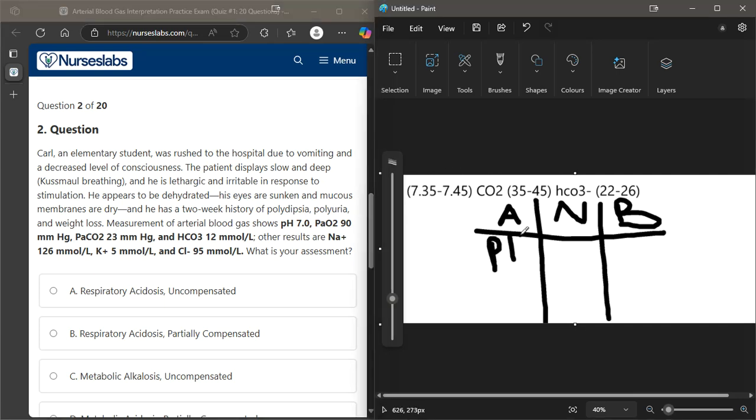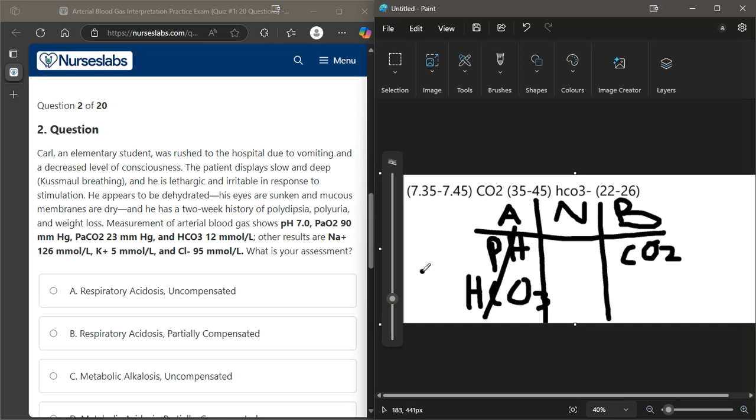So the pH there is acidic. Then our carbon dioxide is 23. Anything less than 35 is basic, so carbon dioxide will appear under the basic tab. And then we have our bicarb, which is 12. The normal range is 22 to 26, and anything less than 22 is acidic. So our bicarb is in the acidic tab.